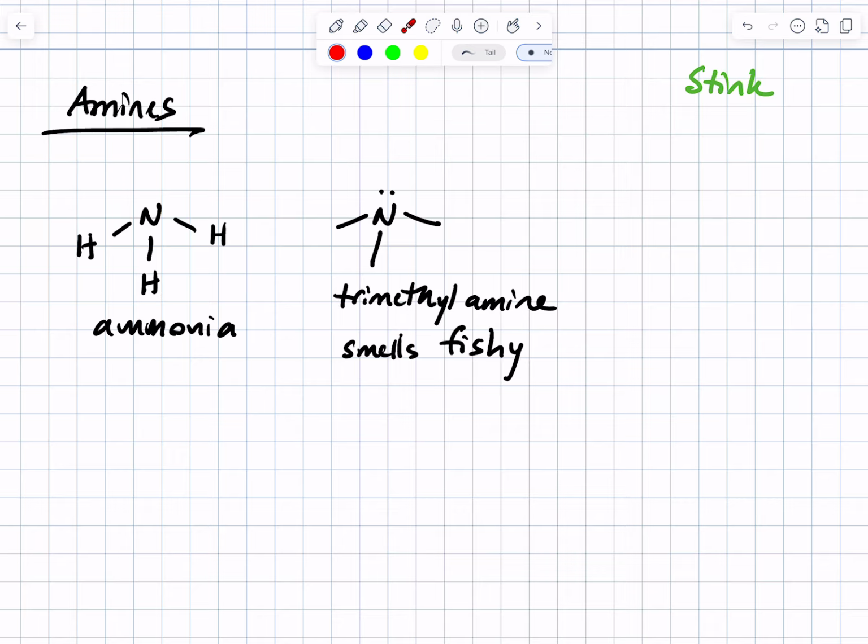So there's an interesting story there. If you were to go into a pub in Britain and order fish and chips, they would probably give you a small slice of fruit with your fish. What is the fruit they would give you? Lemon, all right?